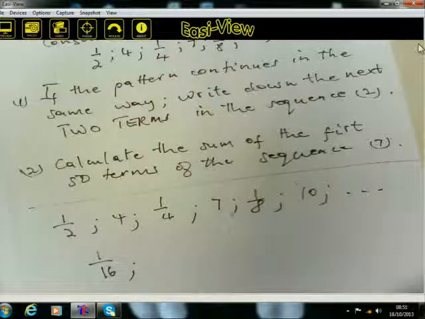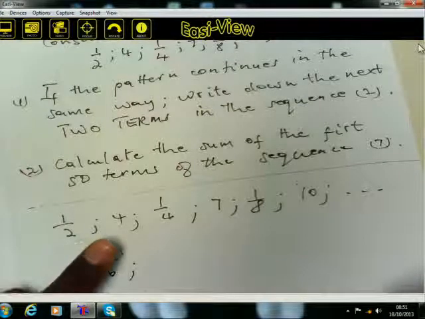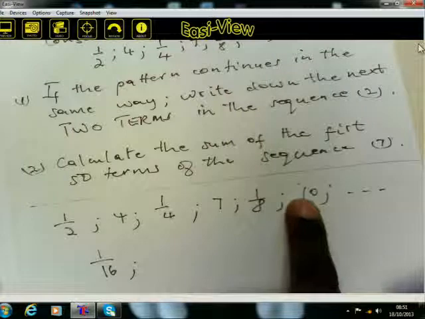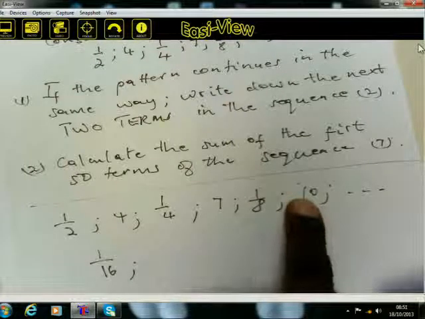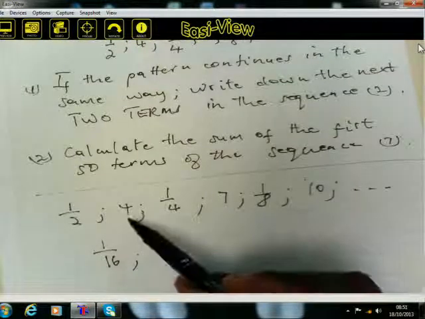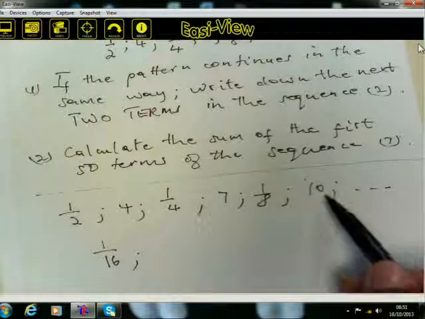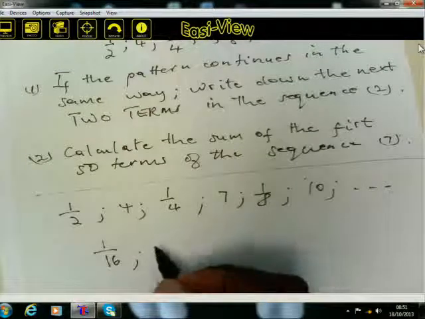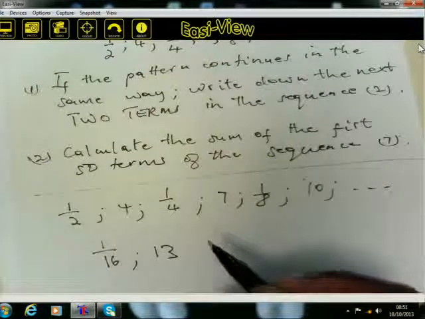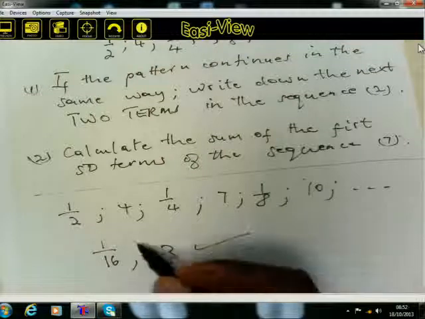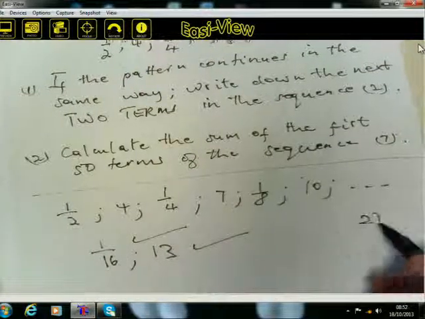Now, when we look at the whole numbers, 4, 7, 10, they differ by 3. Now, if they differ by 3, then 10 plus 3 is going to give us 13. So, the next 2 terms are going to be 1 over 16 and 13. And for this, you get your 2 marks.